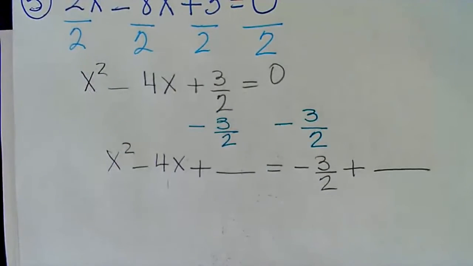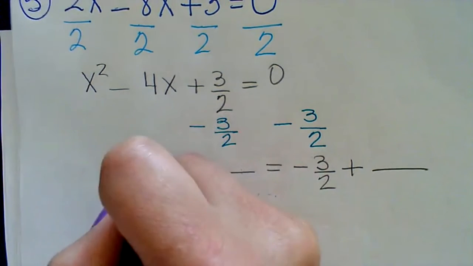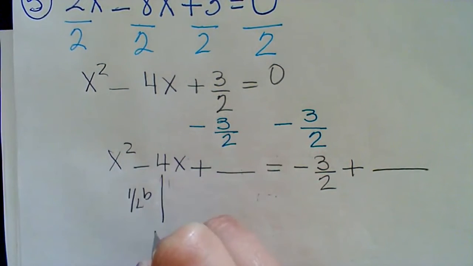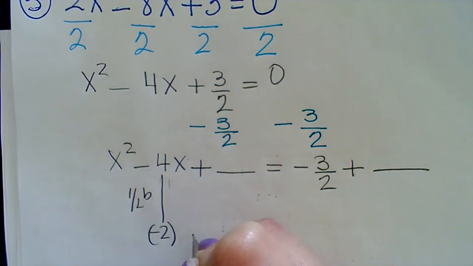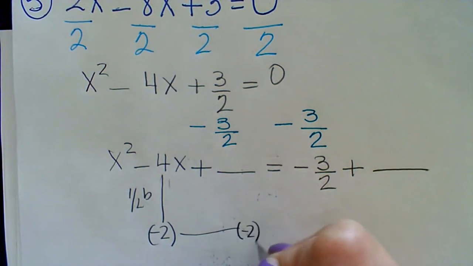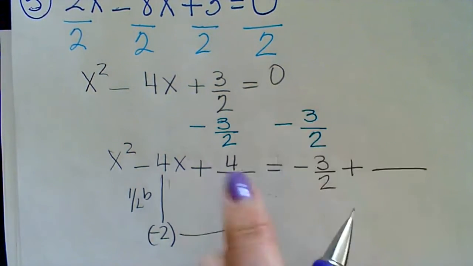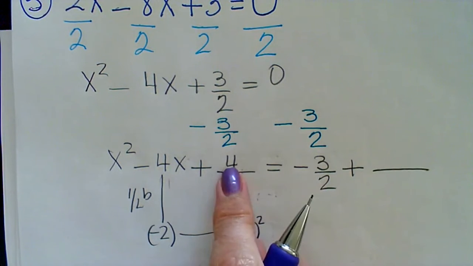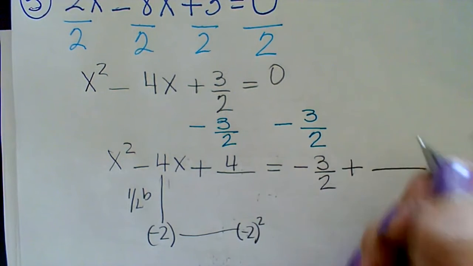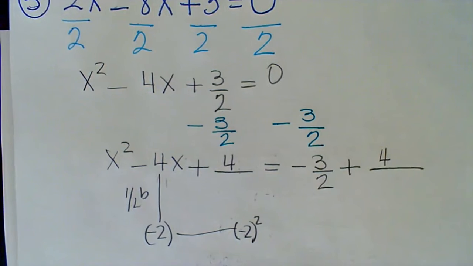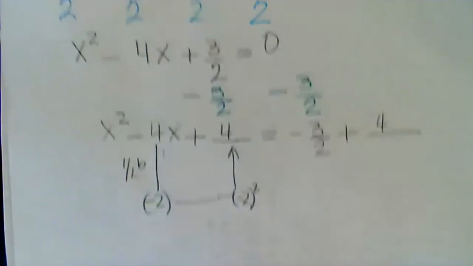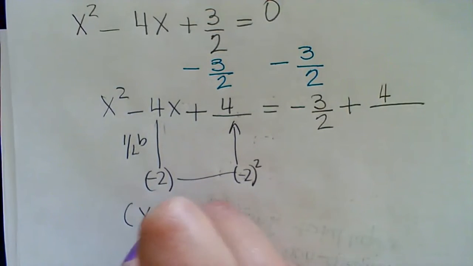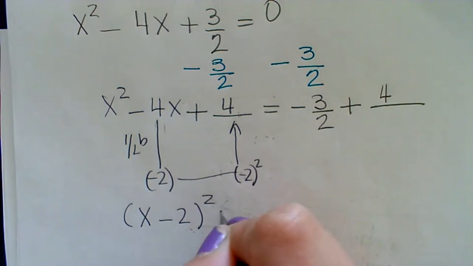Now, what do we do? Half of b, which is what? Negative 2. And if I square the negative 2, I get 4. If I'm adding 4 on this side, I have to add it on this side too. So my perfect square here is going to be x minus 2 squared.